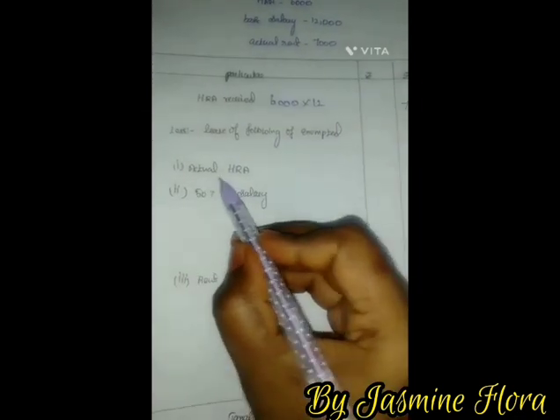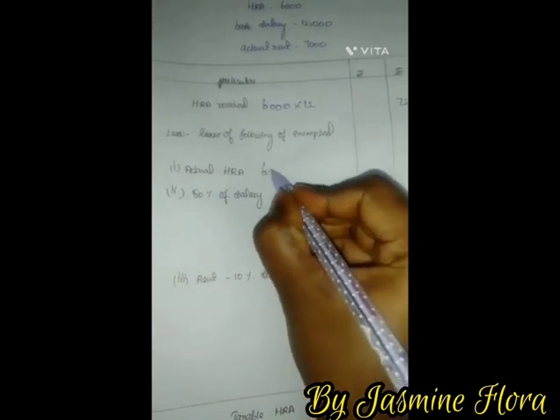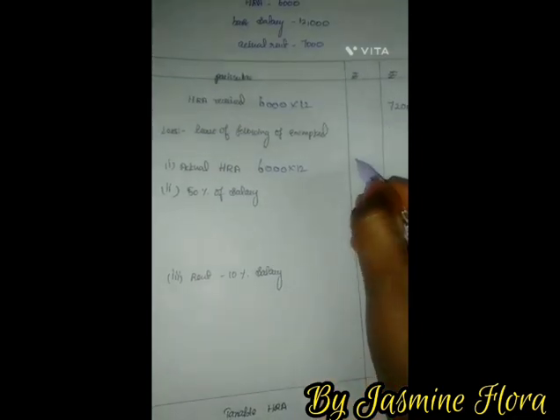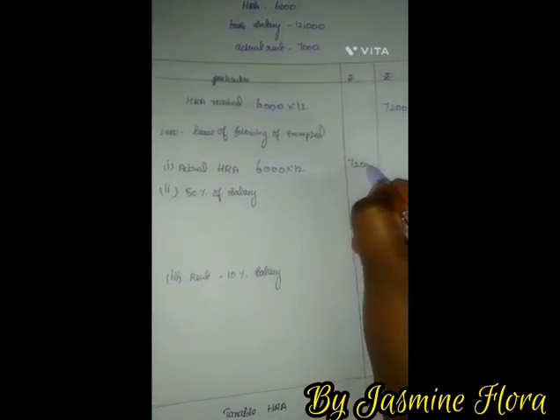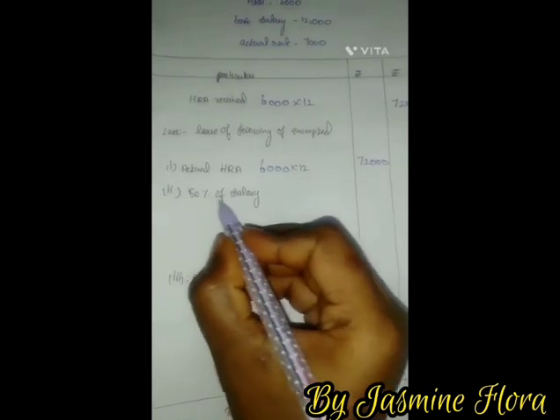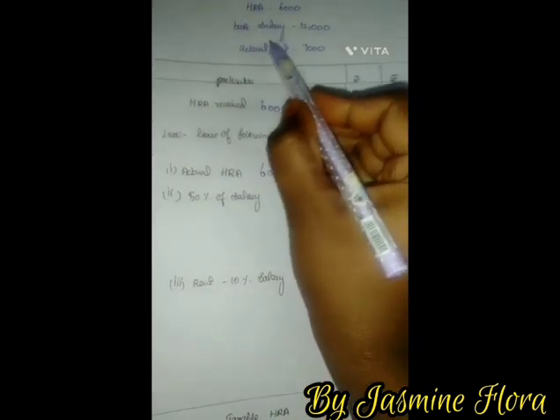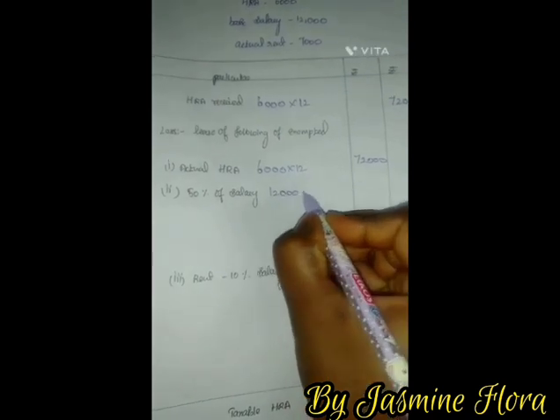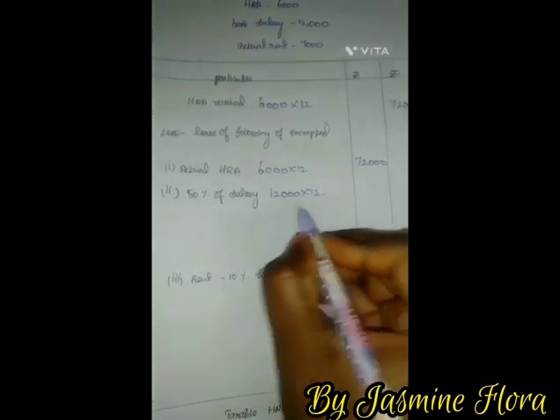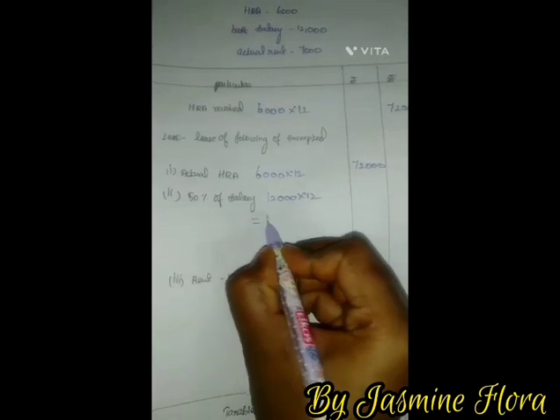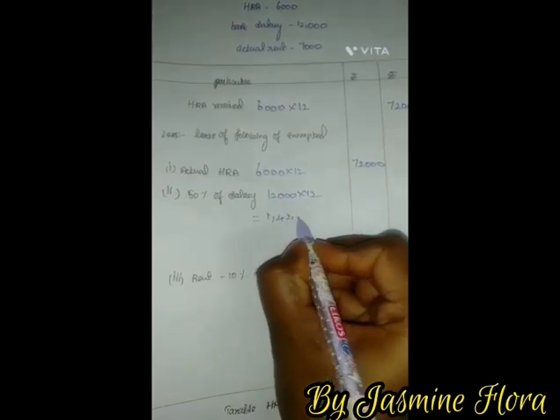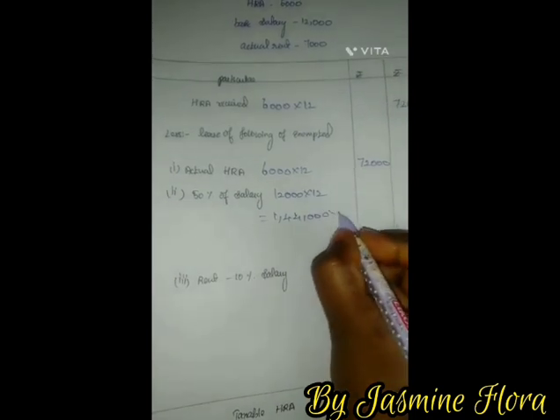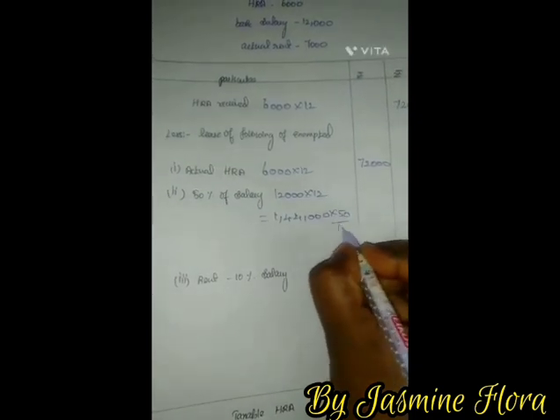Less exempted: actual HRA, this is also the same. 50% of salary. Salary 12,000 into 12 months, 1,44,000, into 50 divided by 100.